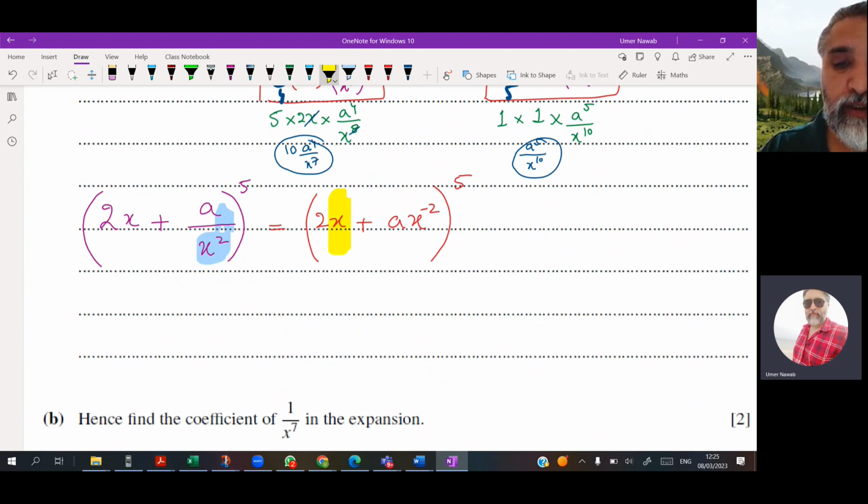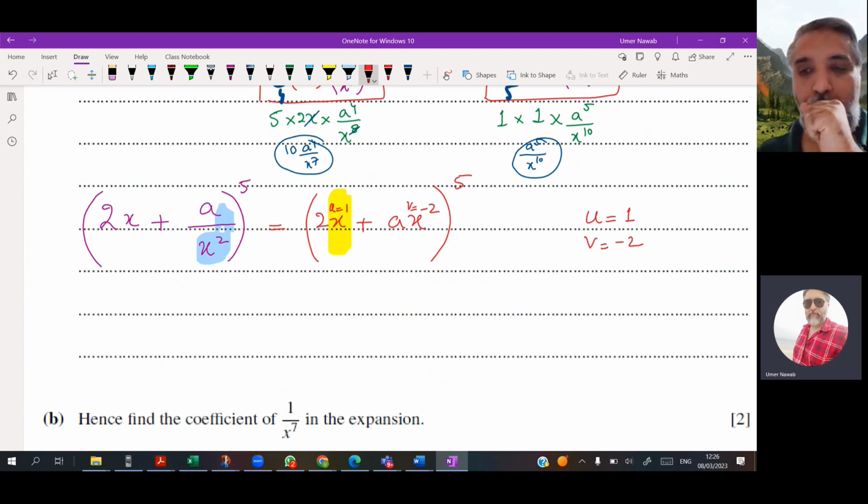Now, what is the power of x you have here? The power of x is 1. So call it u. Your u is 1. And your v is what? In the second term, the power of x is minus 2. And what is your n? Your n is 5.